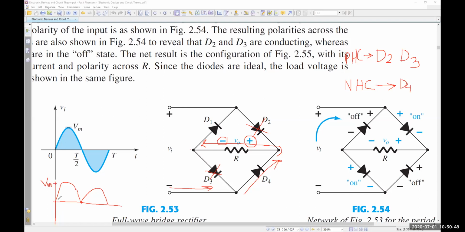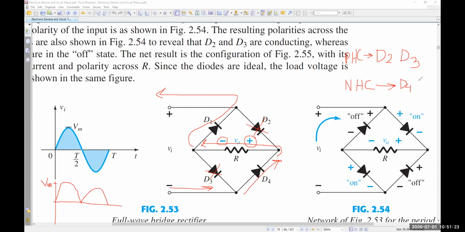That means for positive half cycle, plus and minus remain the same. For negative half cycle, still your plus and minus didn't change. It looks like this. Okay. So if the voltage direction in the resistor does not change, your output will remain in the same direction. Now again, after reaching this point, current has two ways, this one and this one. It cannot go that way, so it has to go through D1 and get back.